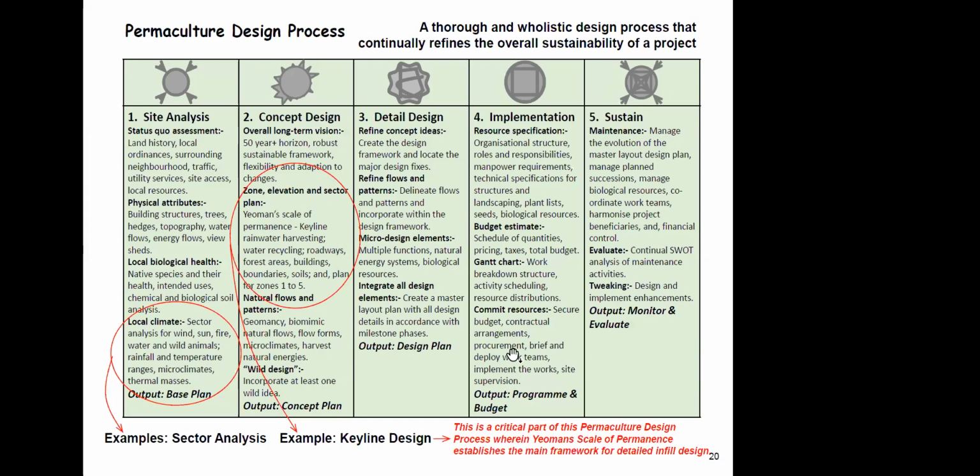But I want to focus on two aspects here which are very important. Under the site analysis, you start off with all the background research, the status quo, the physical attributes, the local biological health, and then the local climate sector analysis. So we're going to look at an example of that.